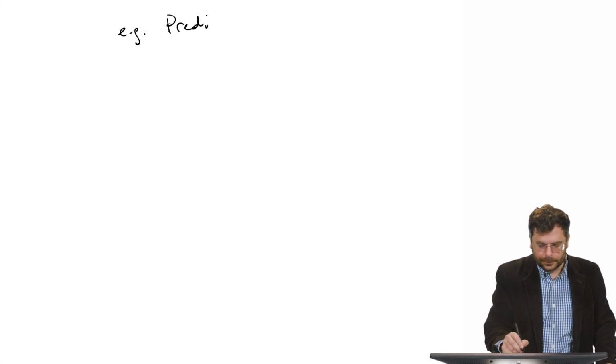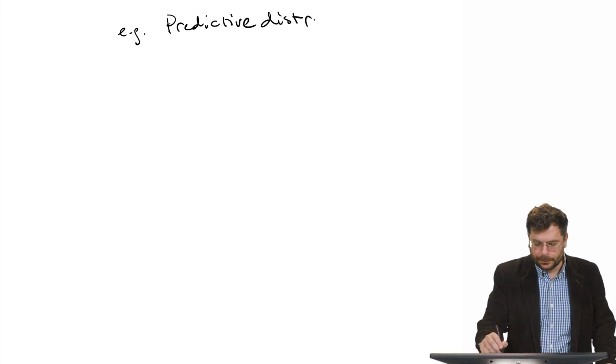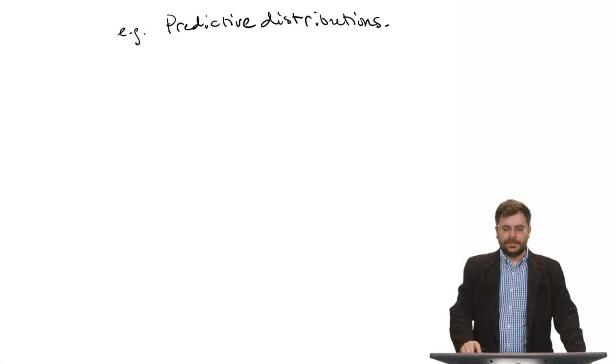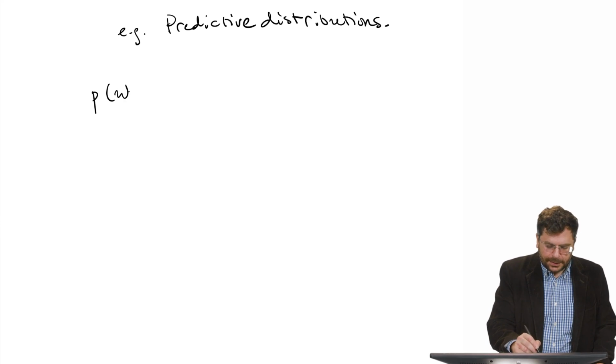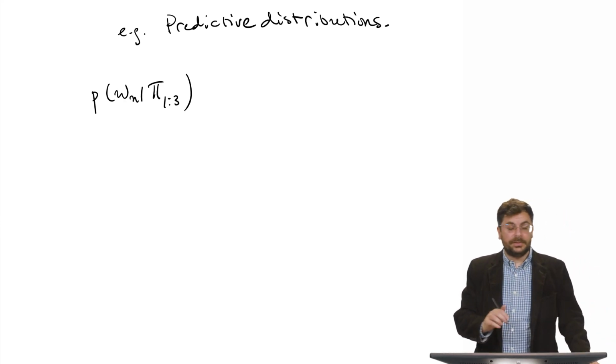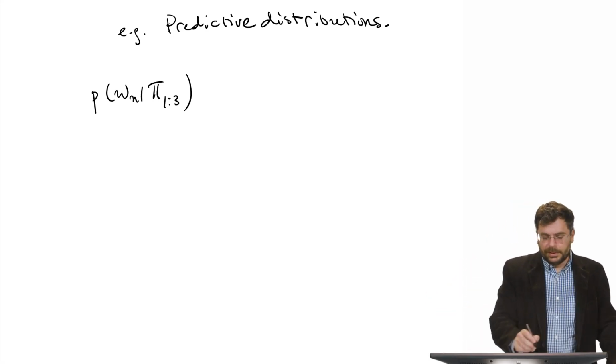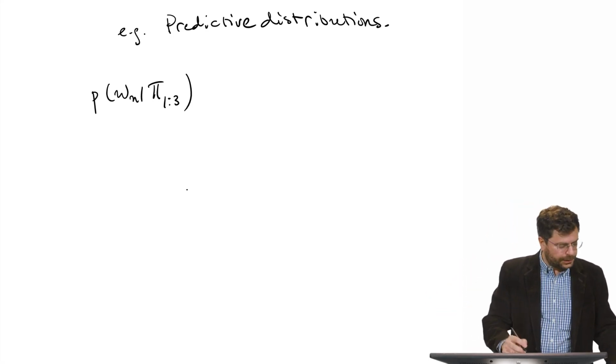So let's go about doing an example for constructing predictive distributions. And let's start off with one where we have 3 options. So rather than a coin flip, we're going to have 3 possible options.